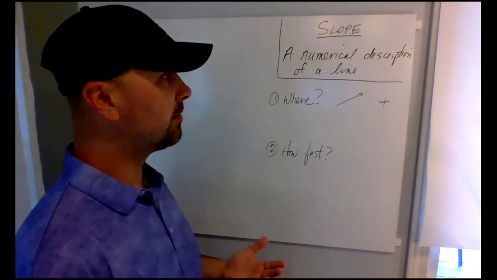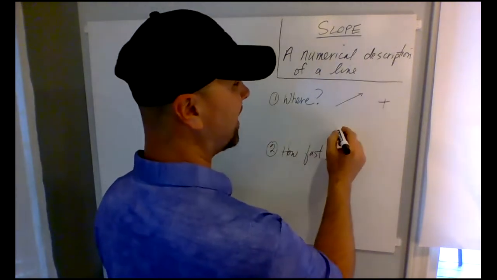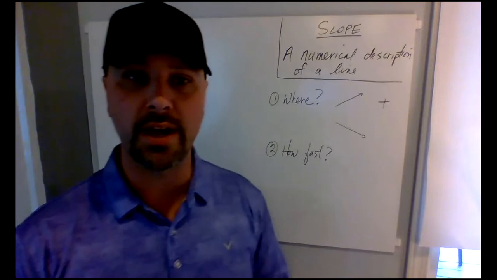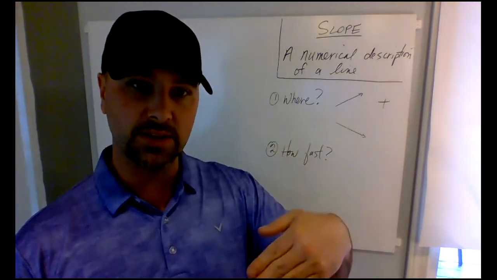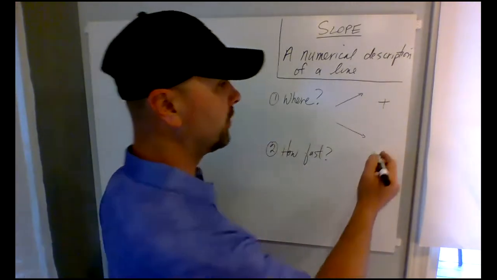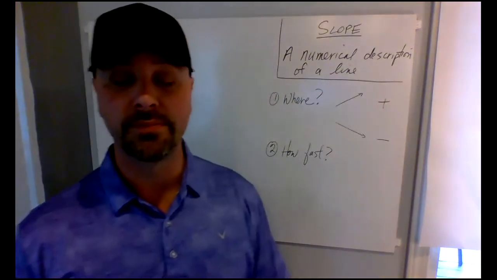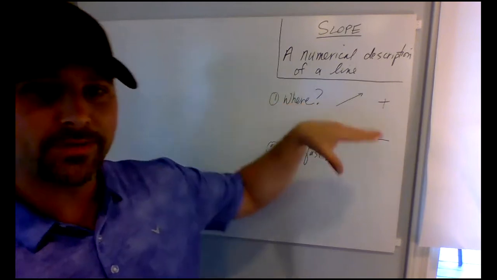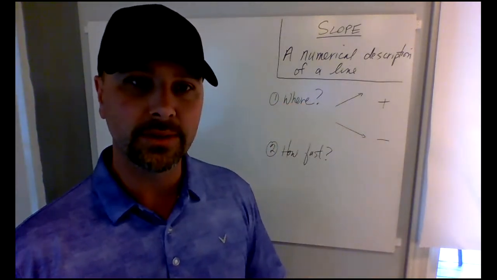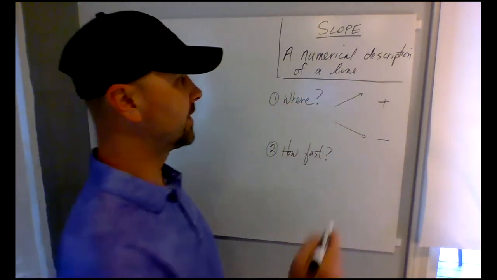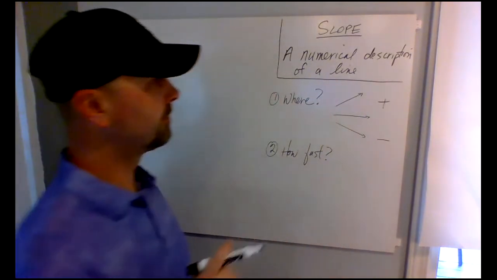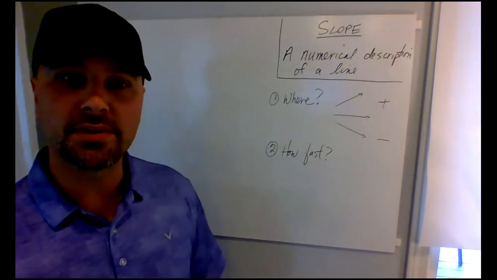Okay. Likewise, if the line is dropping from left to right, we can think about that as decreasing or losing, dropping. Now, what if something is not increasing or decreasing? It's just maintaining. That's something a little different.